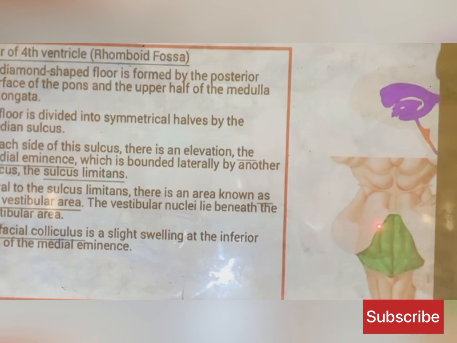This upper triangle is covered by what we call the superior medullary velum, while the one below is covered by another thin membrane, the inferior medullary velum. These form the roof of the fourth ventricle, which I told you is directly anterior to the cerebellum. So the cerebellum covers the superior and inferior medullary vela themselves.